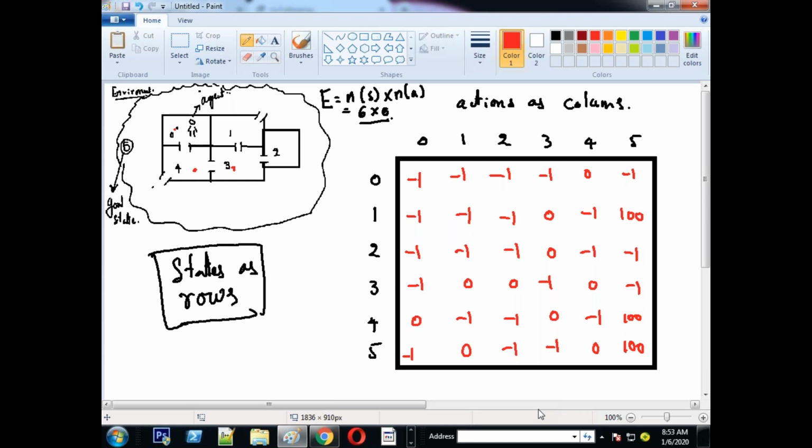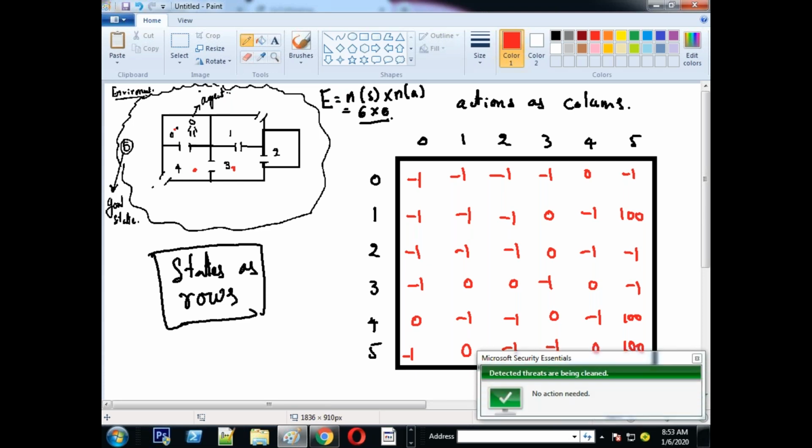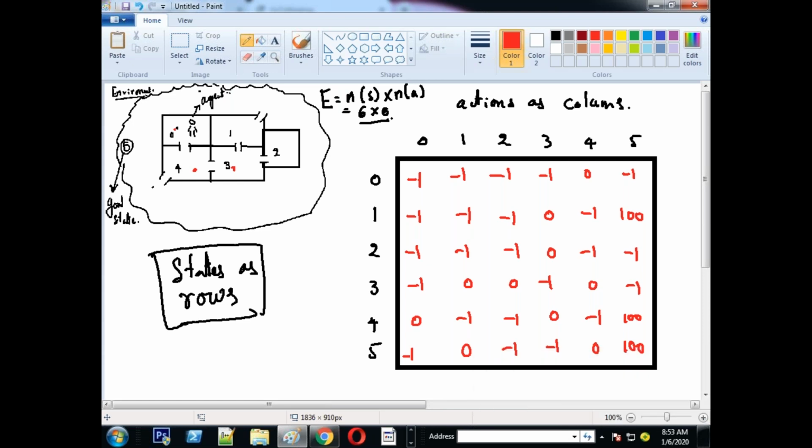Understood the point, sir? Already you are out of jail. I am asking you to go out of jail. What you have to do? You have to stay there only, right? That's why 100. So now you can observe 3 spaces. The state space as rows, action space as columns. Each cell value is a reward.